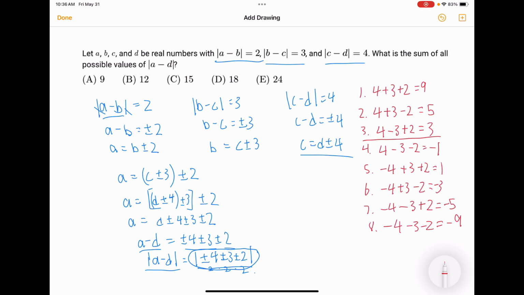Because looking back at the question, it says, what is the sum of all possible values of the absolute value? And as I said earlier, at the beginning of this video, I explained that the absolute value only results in a positive number.